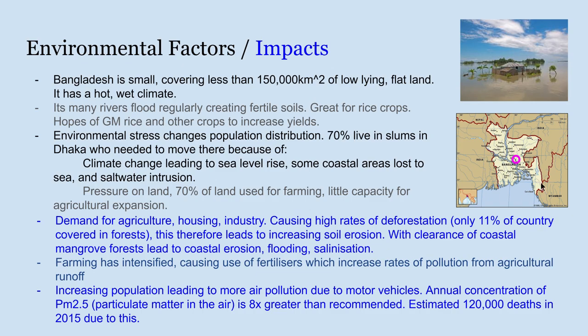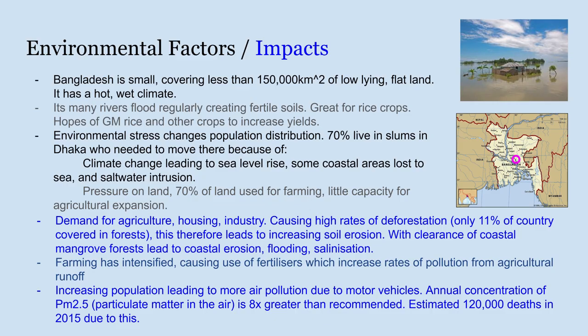So the environmental stress changes the population distribution, where 70% live in slums in Dhaka, who need to move there because of climate change, which is leading to sea level rise, and some coastal areas have been lost to sea, and because of saltwater intrusion, which can basically ruin the soil and cause salinization.